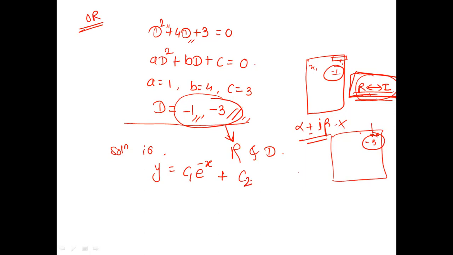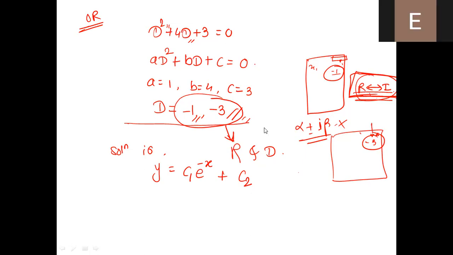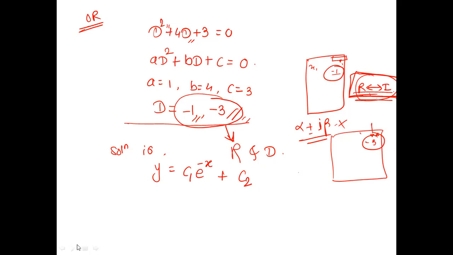Plus c2 e raised to. As one constant is done, please do not repeat it. Take another constant. C1 is done, so next is c2. c2 into e raised to minus 3. The second root is minus 3. With that, you will write x, and this is your solution done.